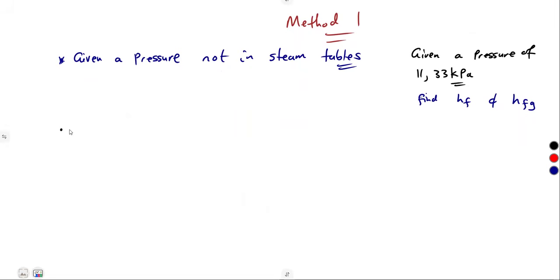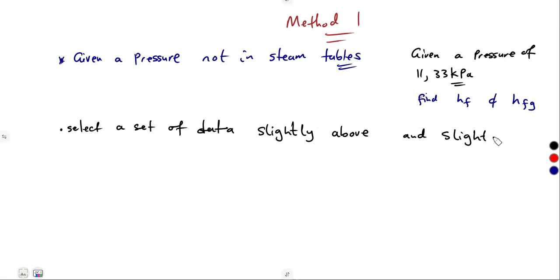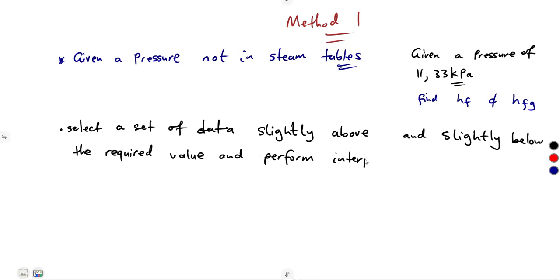So what you're going to do is to select a set of data slightly above the value that you're given, and slightly below the required value, and perform the interpolation. So it can be applied in different ways.